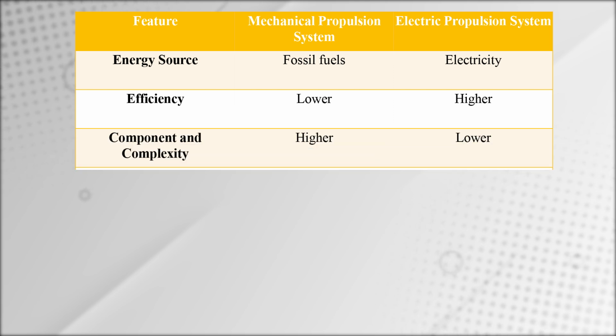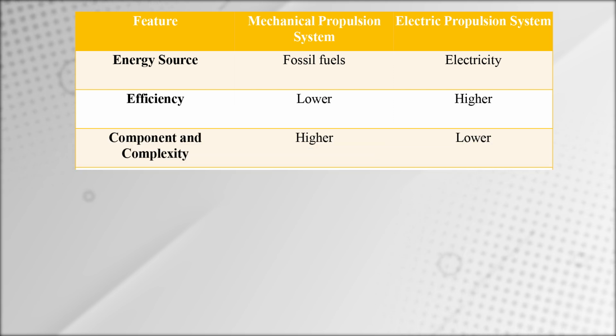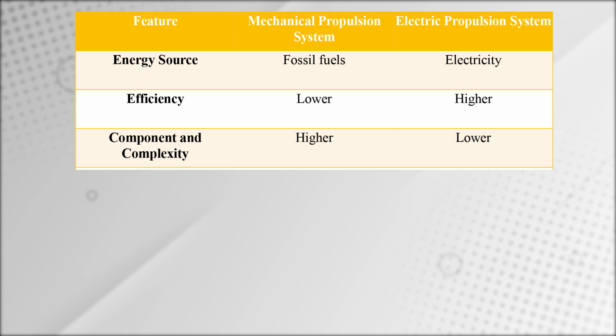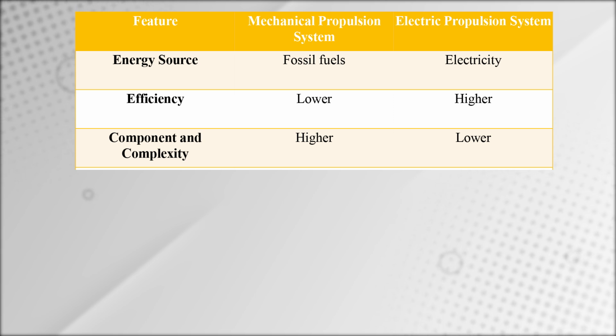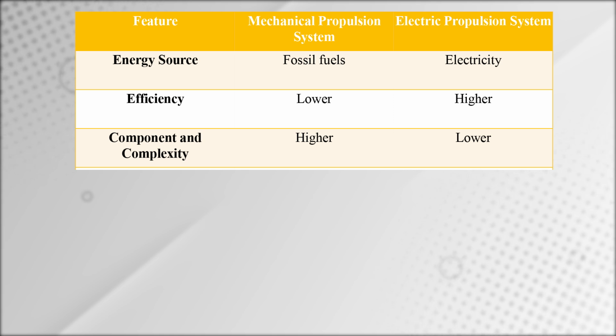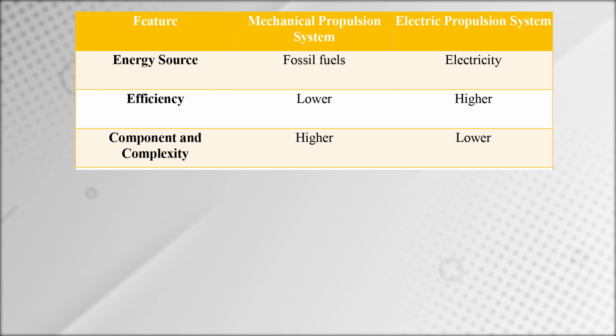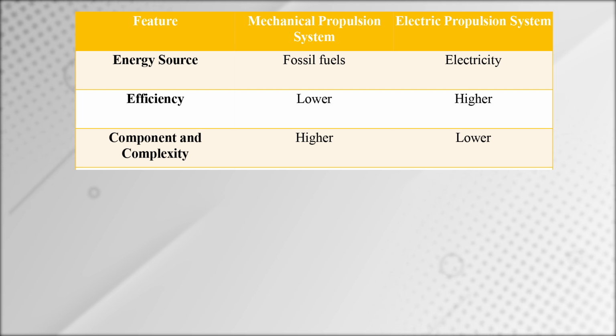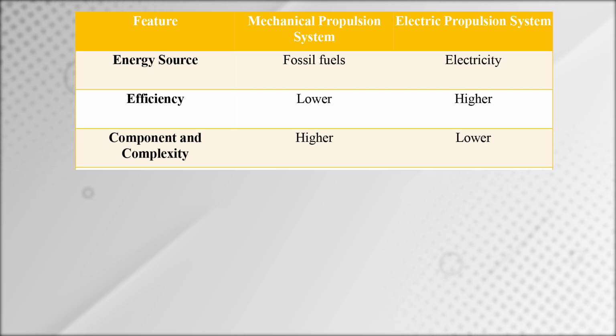If you compare the EPS and MPS in terms of components and complexities, then EPS comprises an electric motor, battery pack, and power converter, as discussed earlier. It has fewer moving parts, leading to simpler design, reduced mechanical wear and lower maintenance requirement.